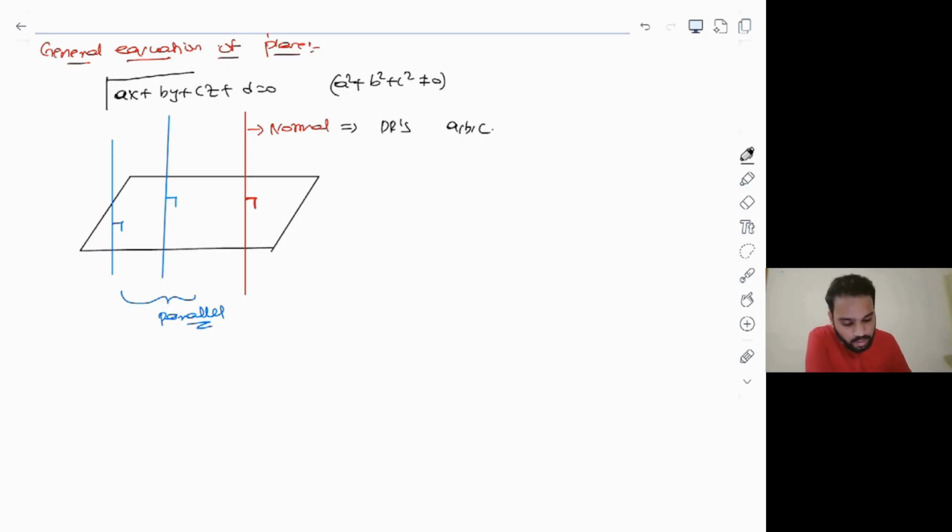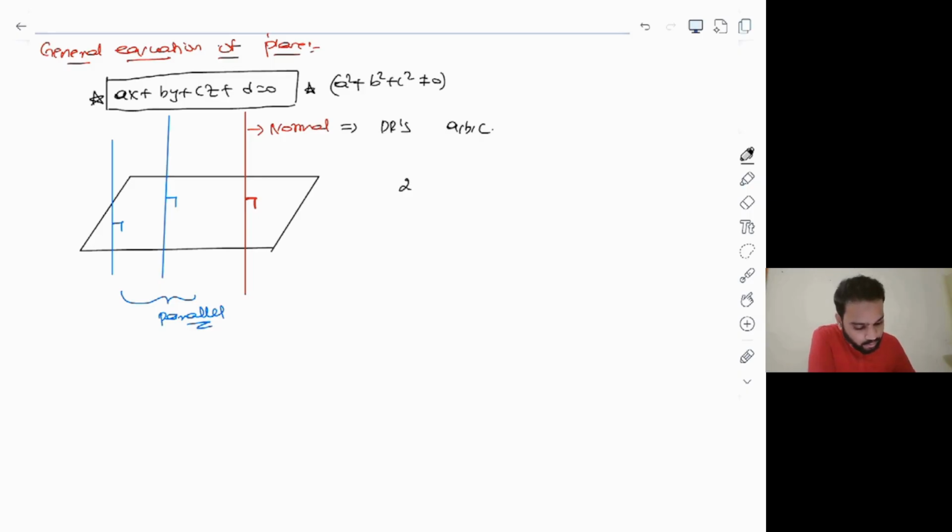Whenever we see an equation of the form ax plus by plus cz plus d equals 0, immediately you have to look at the coefficients of x, y, z. The coefficients of x, y, z will always give you the DRs of the normal to the plane.